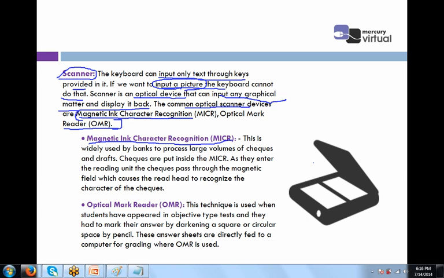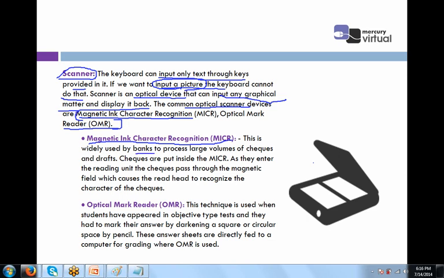There is a 6-digit number on the check, which you may have seen at some time. That 6-digit number is done by the MICR device. So MICR is used in banks for writing the check number. This is widely used by the banks.